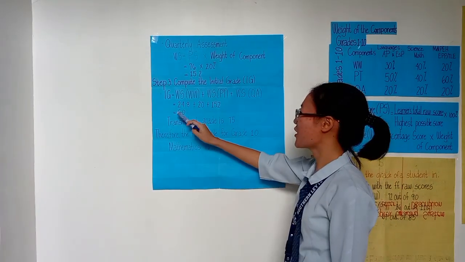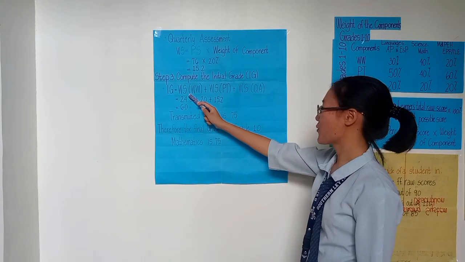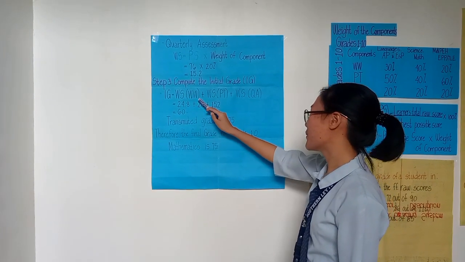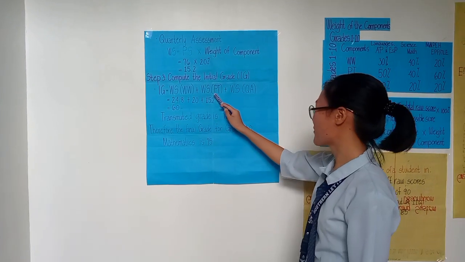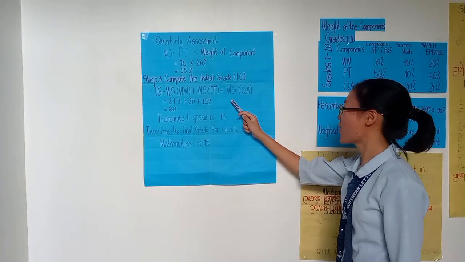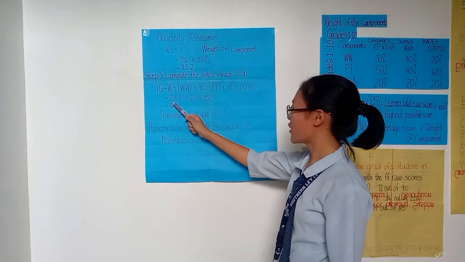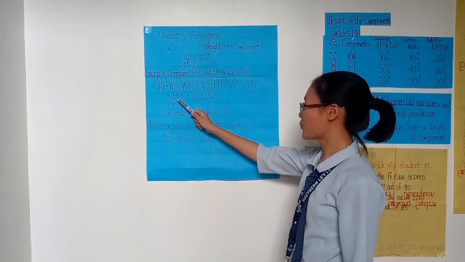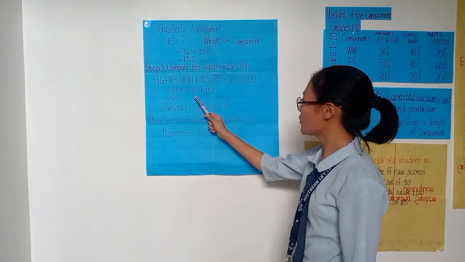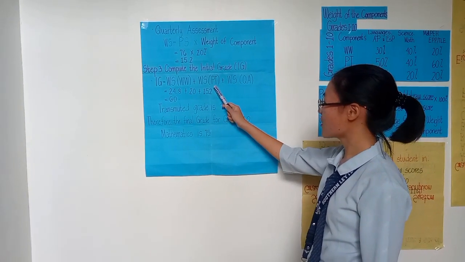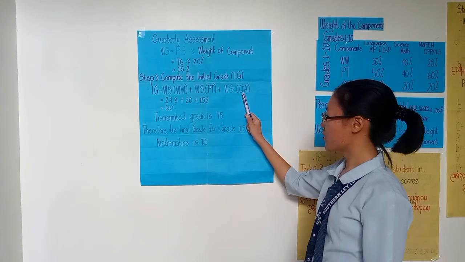We have here the formula: initial grade equals weighted score of written work plus weighted score of performance task plus weighted score of quarterly assessment. So we have here 24.8, which is the written work, plus 20, which is the performance task, and 15.2, which is the quarterly assessment.